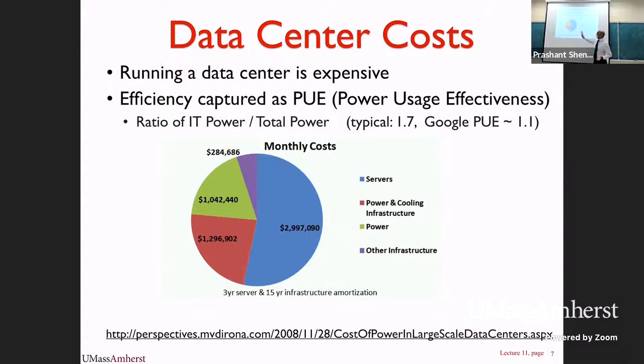Okay, so here's a pie chart. Okay, so what you see is the red and green actually. It's essentially power and cooling. Yes, cooling also takes power. Okay, one is power to run the server, the other is power to cool the server. Okay, and the rest of it is all other costs that you will pay to run your data center.